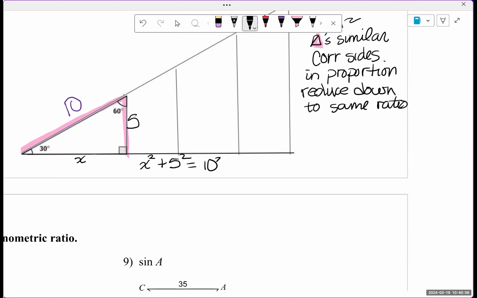In Pythagorean theorem, the hypotenuse always has to go alone on the other side. So x squared plus 25 is equal to 100. Subtract 25, x squared is equal to 75. And what's the last step of solving for x?